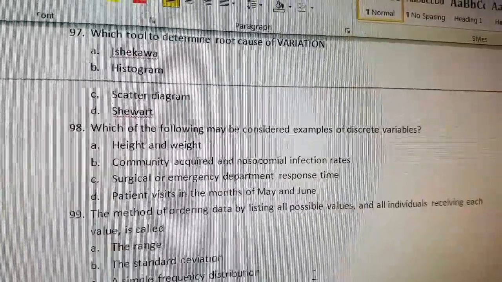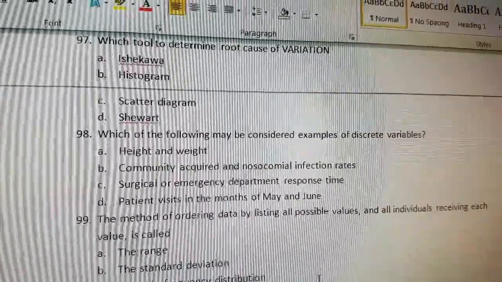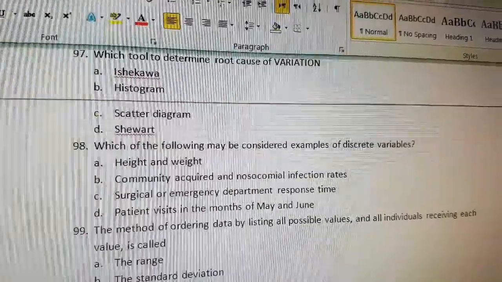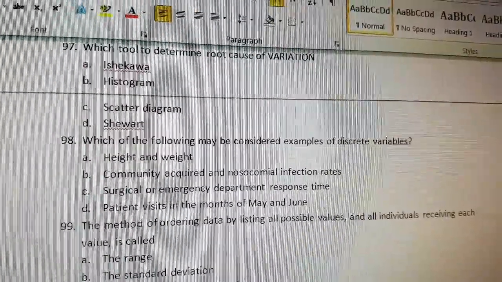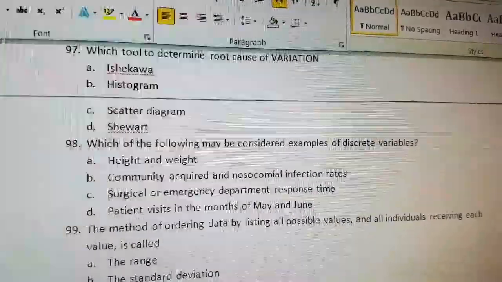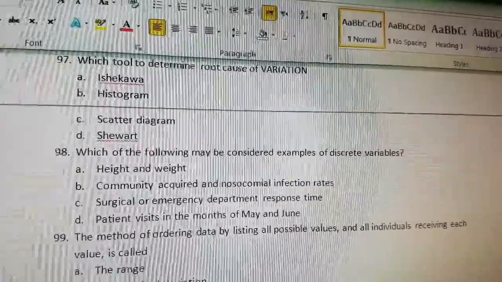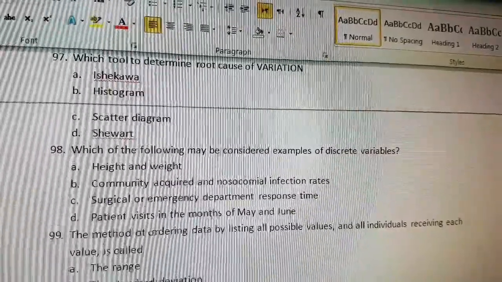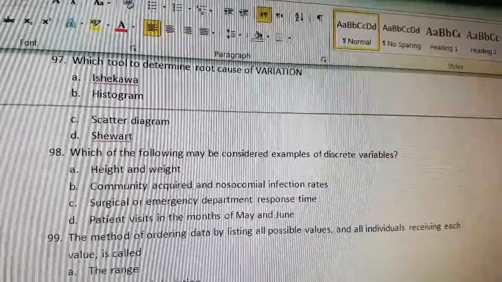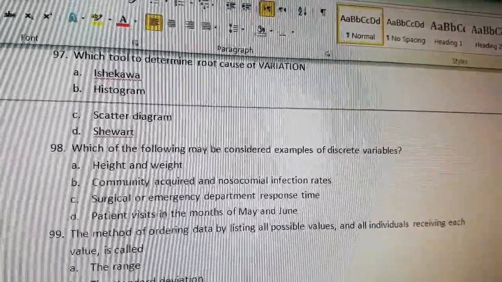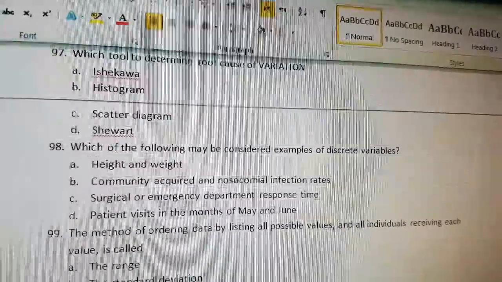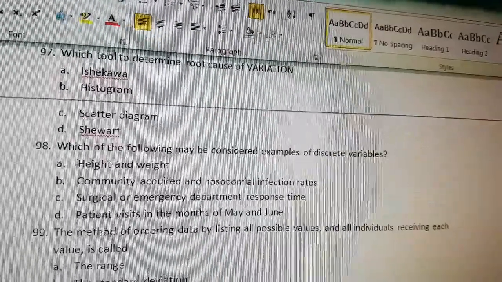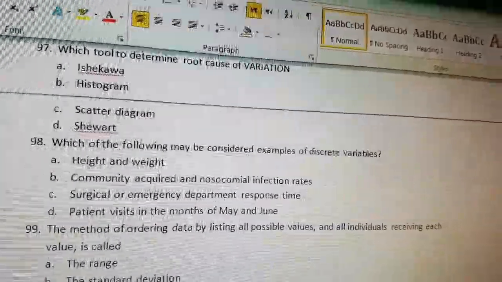So as I said, what is a discrete variable? A discrete variable is nothing but countable data, number of items. So the first one, height and weight, is not a number of items, it's measurable. So the first one is not correct. What about the second one, community acquired and nosocomial infection rate? Measurable, because this is a rate, not a number of cases.